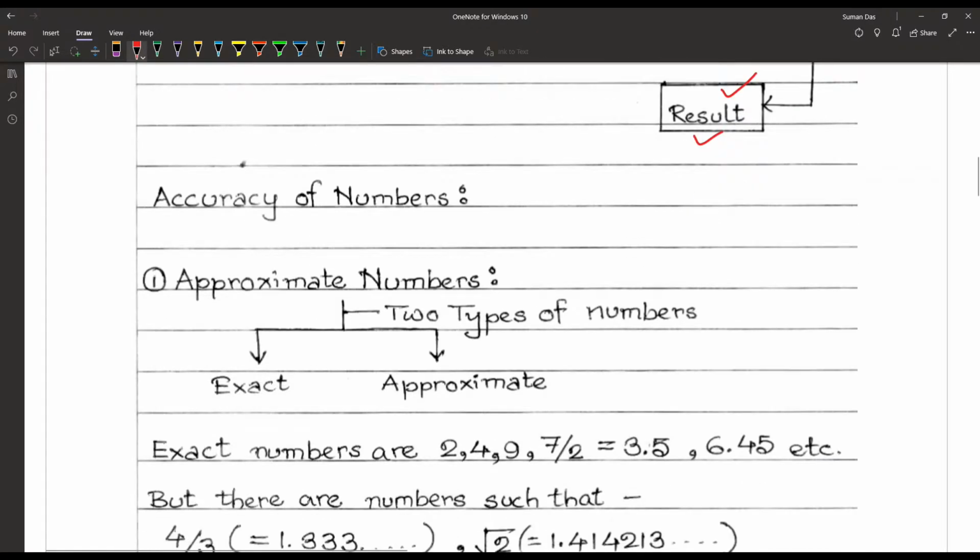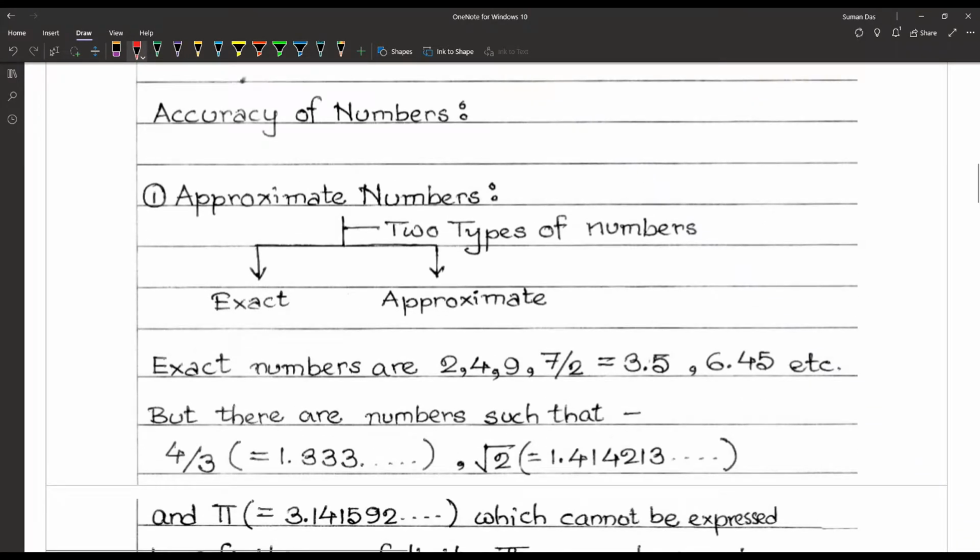Now before we proceed with another topic, we are describing the accuracy of numbers. There are practically two types of numbers. One is known as the approximate number, and another one is exact.